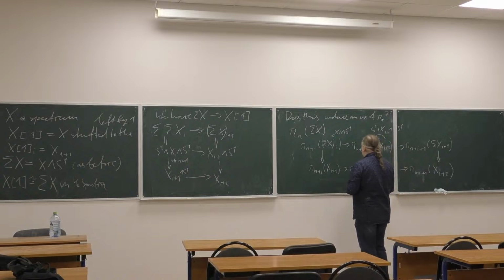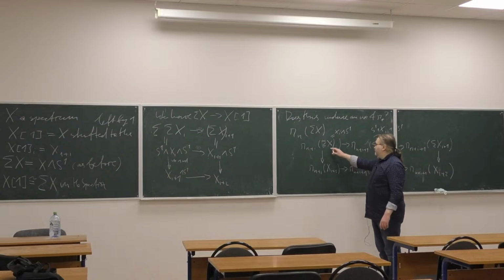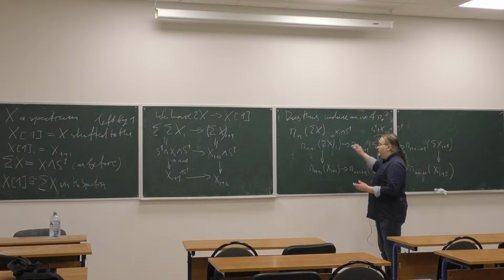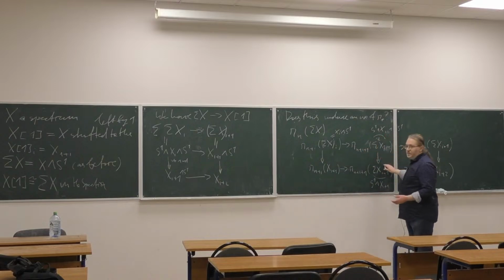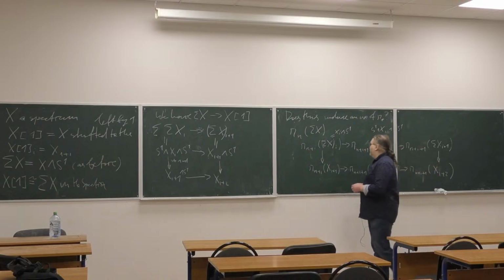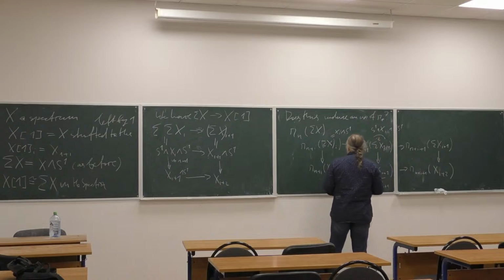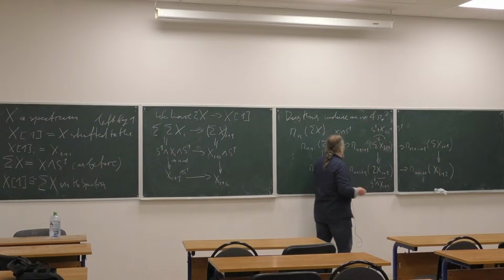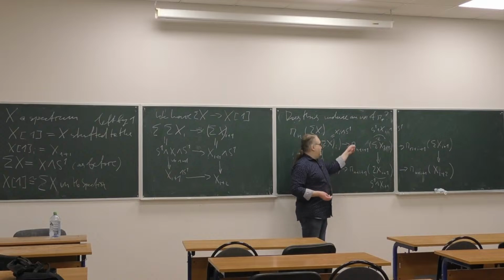So here, basically, what happens is we take this map and we suspend it, and we get this map. Since suspension is a natural transformation, we get a commutative diagram.